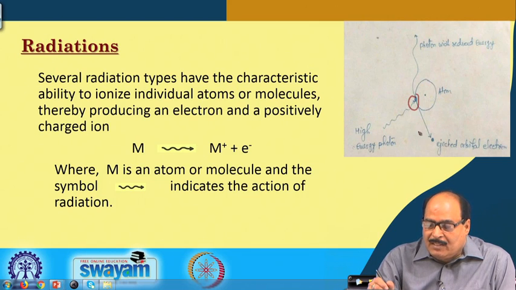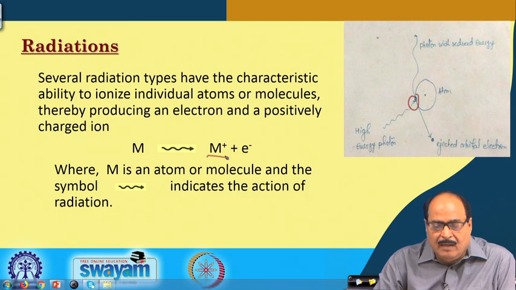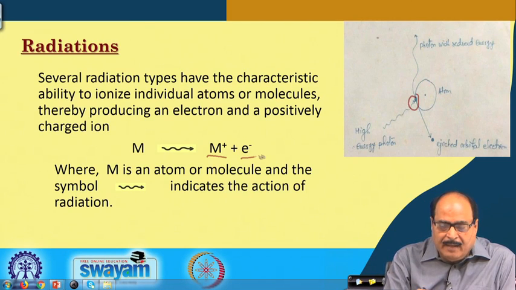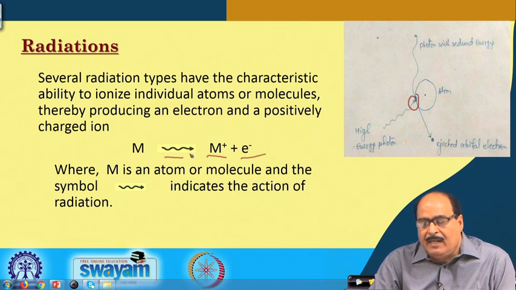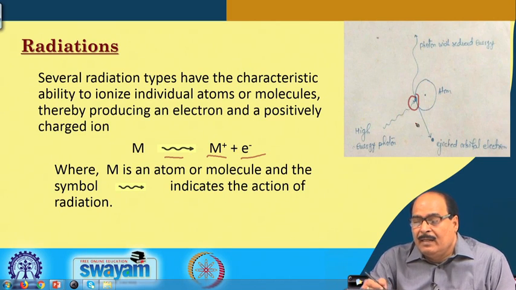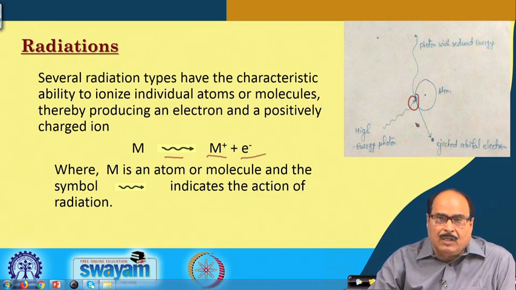Accordingly, a positively charged atom or molecule is formed and an electron is produced. This symbol shows the irradiation, and the photon then moves forward with reduced energy.